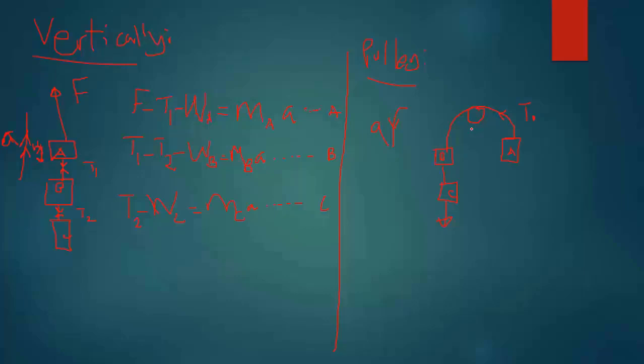Lakini as long as umeambiwa pulley, hii pulley ni frictionless, it means hii kamba ni kama ni kitu kimoja, kwa sababu hapa there is no friction, so it's not affected. So even though kwamba tension itakuwa ina act towards the attachment point, lakini hii tension also itakuwa ni bado ni T1, kwa sababu hii yote ni kamba moja. Hii ni frictionless, kwa hii haina effect hapa, yote hii ni kamba moja. Just remember that kamba inayozunguka kwenye pulley inakuwa na tension moja as long as the pulley is frictionless.